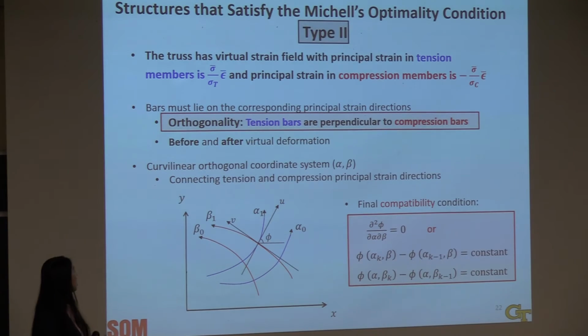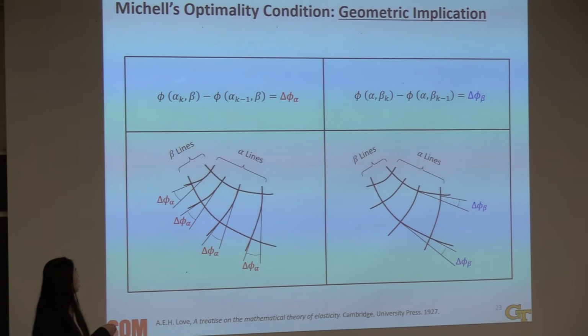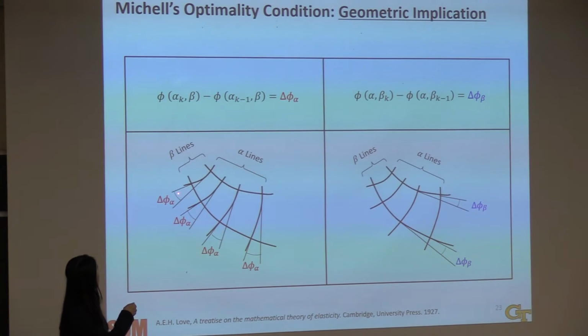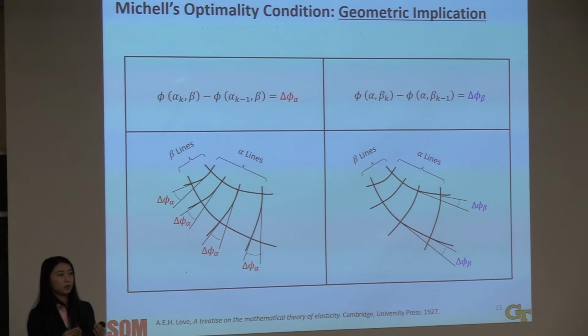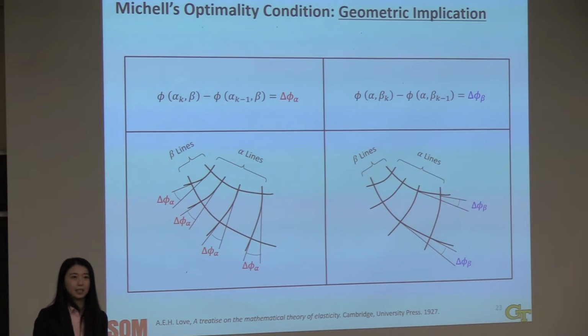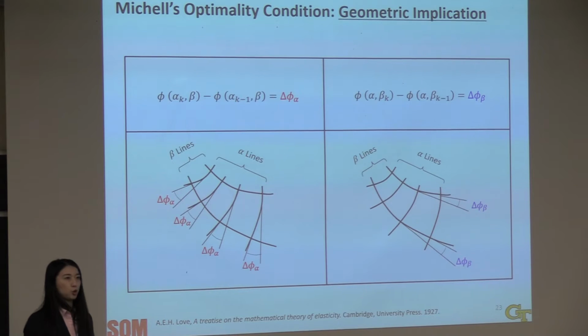We obtain this curvilinear orthogonal coordinate. And what it really means is that for a given series of alpha lines, this change of the slope needs to be constant along the beta line, along the other direction. So those are just some compatibility requirements for the strain field.